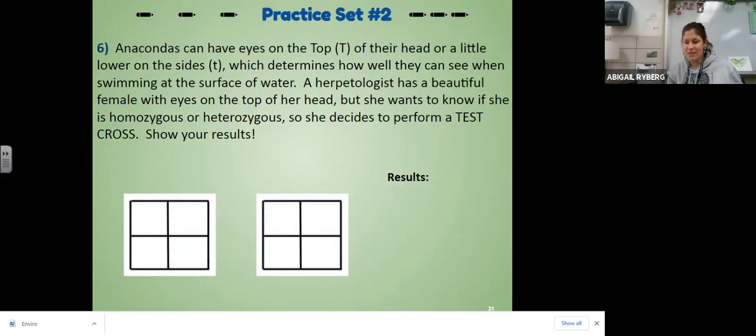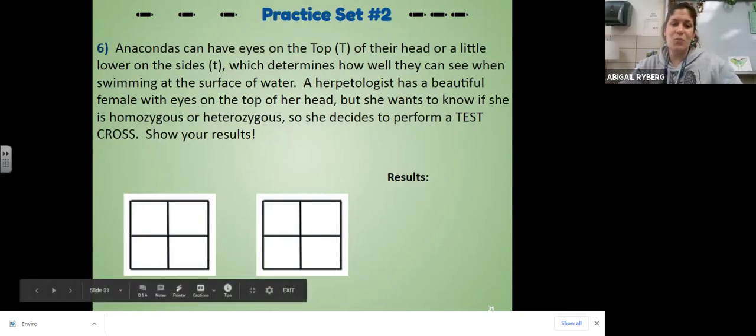And again, test crosses seem silly when it's humans, but even a snake would have lots of babies in just one clutch. So it is something that even conservation scientists that are trying to successfully manage populations would do.